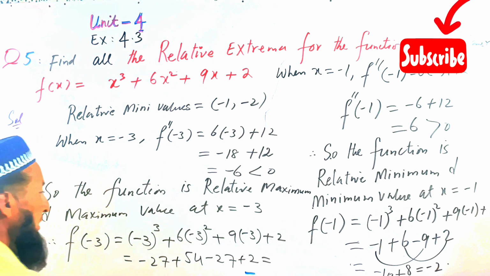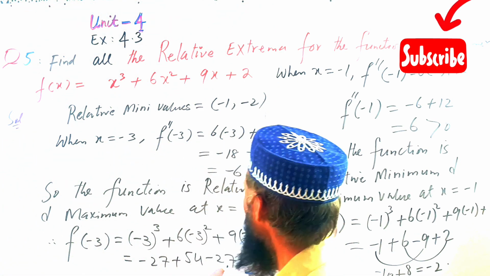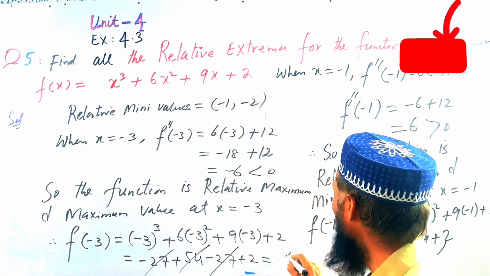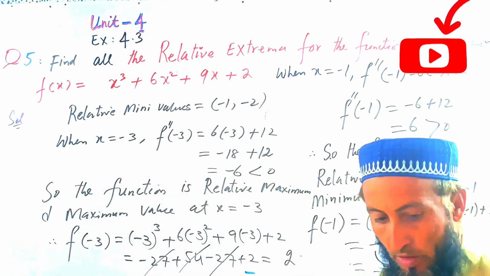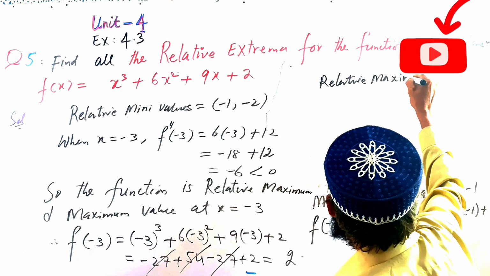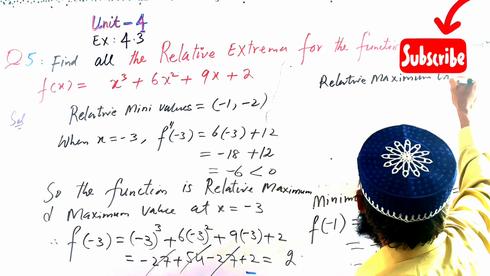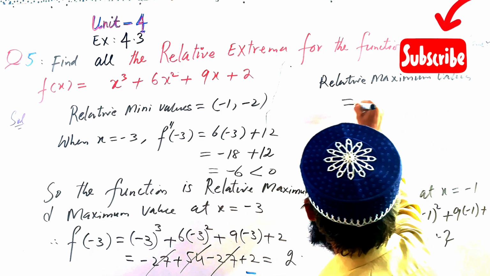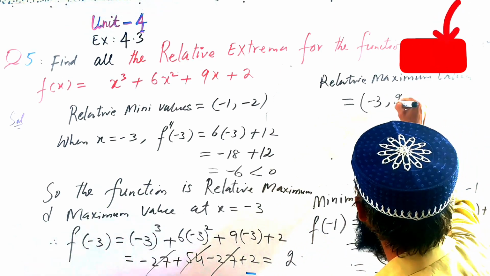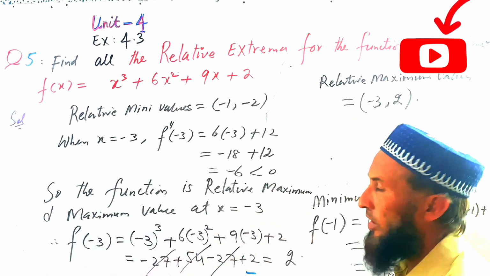If we add this result, -27 and -27 sum to -54, which cancels with 54, and we get 2. The maximum value is at x = -3 and it is 2. That is the final answer.